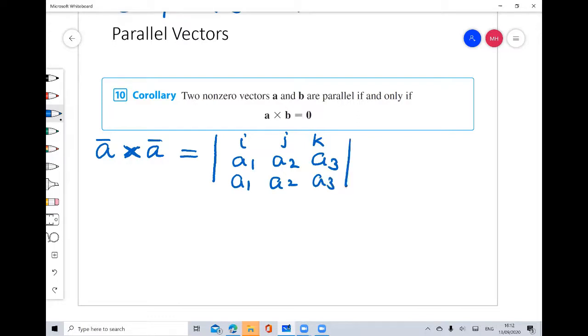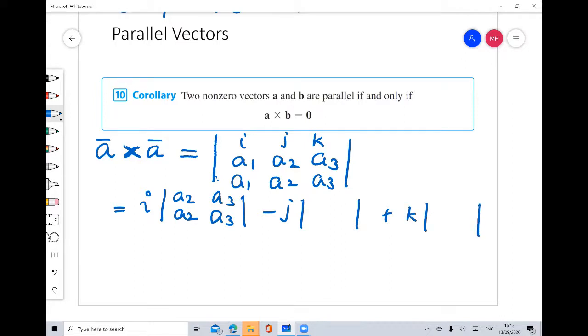Now, if I apply the determinant here, I'll obtain i times a 2 by 2 matrix, which is A2, A2, A3, A3, and then minus j, and then I'll have the k. Here it will be A1, A1, A3, A3, and then A1, A1, A2, A2.